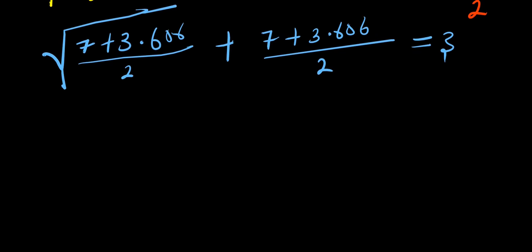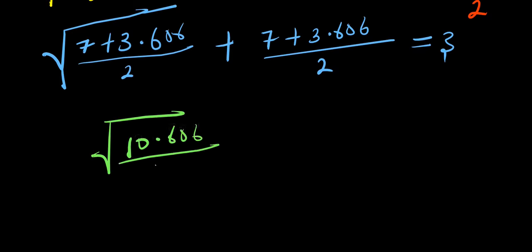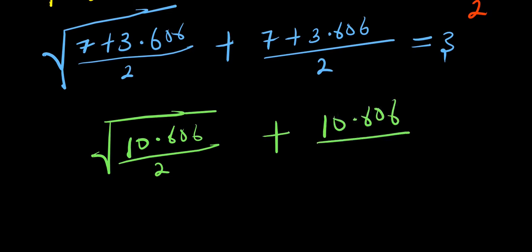So if you add this, you have, this will be 10.606. So you have square root of 10.606 divided by 2 plus 10.606 divided by 2 equals 3.